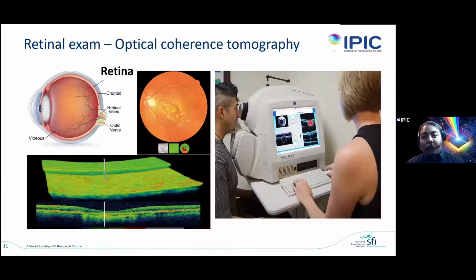You may not be familiar with this name, but I'm sure you have seen equipment like this when you went to the doctor and they told you to place your chin and your forehead in the equipment and look at an object very far away. If you don't move your eye, what they will be looking at is the profile of your retina. So they can look for several diseases. It could be ocular diseases, or even diseases indirectly related, such as diabetes.